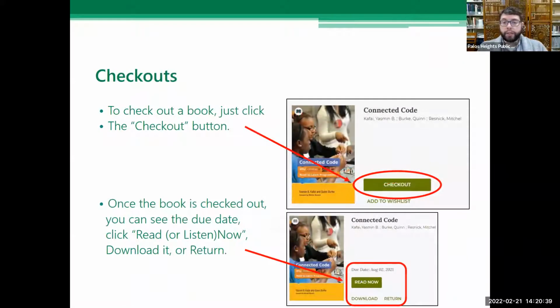To check out, if it's available, or when your hold comes in, it'll show a checkout button. Once you click that button, you can either read now, or if it's an audiobook, it'll say listen now. You can download it or return it. Reading now just means you pull it up.